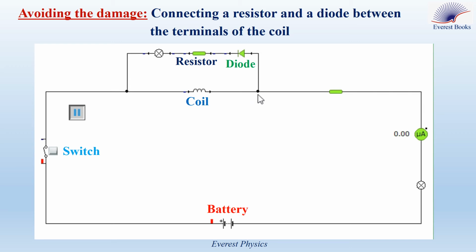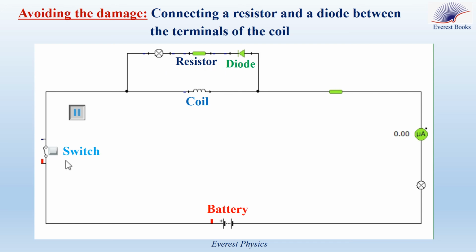At this junction we have two branches, the branch of the open switch and the branch of the diode. The open switch has a very high resistance, so no current passes in the branch of the open switch, and the current passes in the branch of the diode, which is forward biased now, so it carries electric current, and the magnetic energy stored in the coil is transformed into thermal energy in the resistors of this branch.